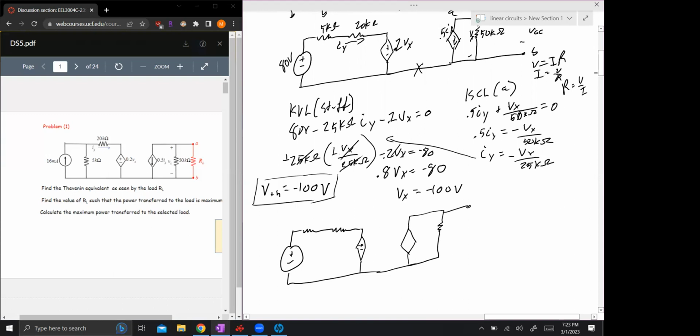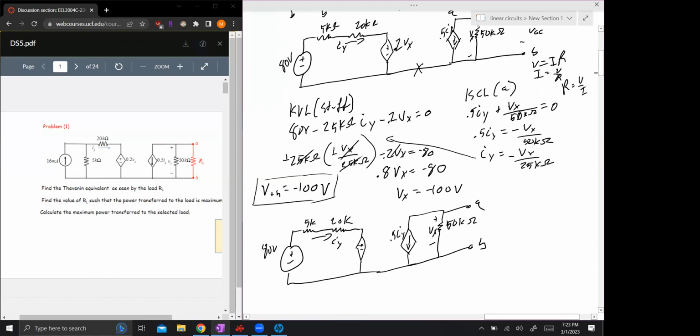And then we have node A and node B, 50 kilo ohms. We have plus minus Vx, 0.5 IY. And then we have IY there. And then we have 80 volts right there. And then 5K, 20K, 50K.